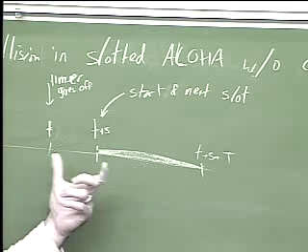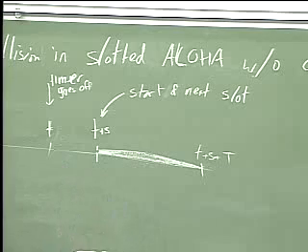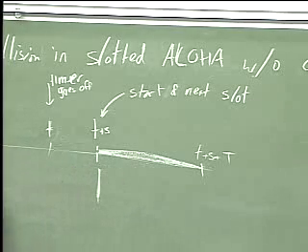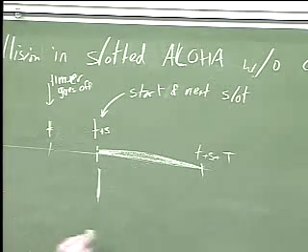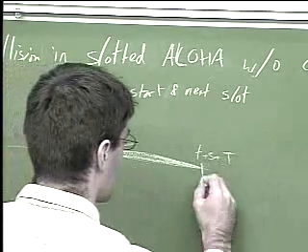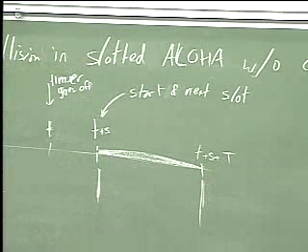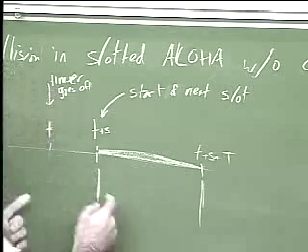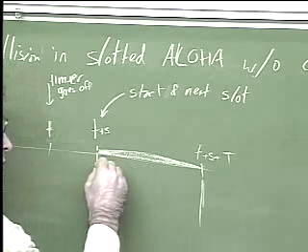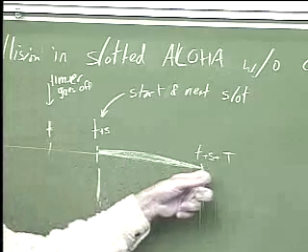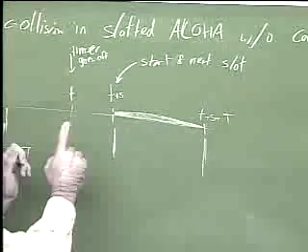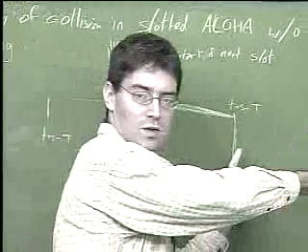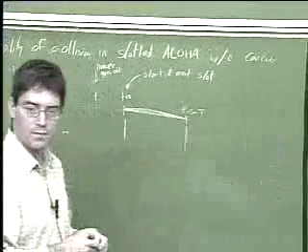Then they're not going to start at some arbitrary time. They're either going to start at time t plus s, because that's one slot, or at time t plus s minus T, or at time t plus s plus T. That's where the slots are. So I only have to worry about the other devices whose timer causes them to send a packet in this interval. If they send it in this interval, there's no collision. If they send it in this interval, there's no collision, right?